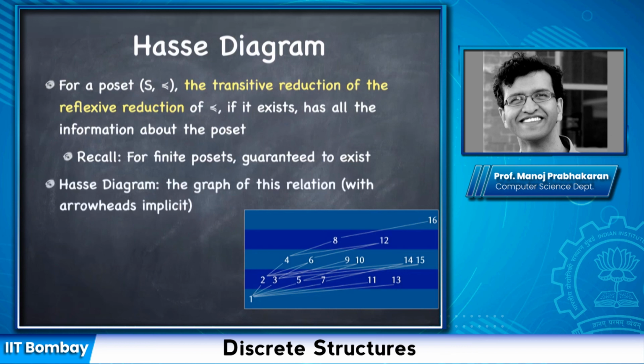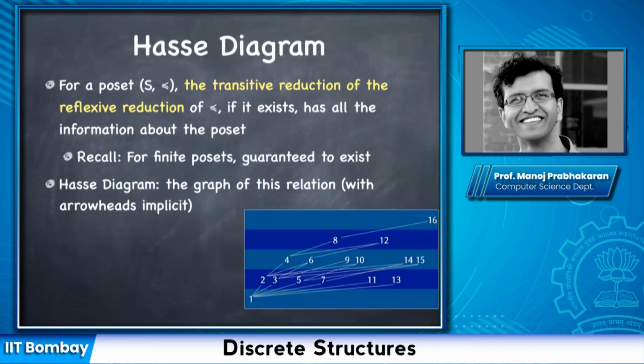And when it exists, you can use that diagram, typically for finite posets, because that's when you draw diagrams. You can use that graph for the transitive and reflexive reduction of the original relation as a representation of the original relation.